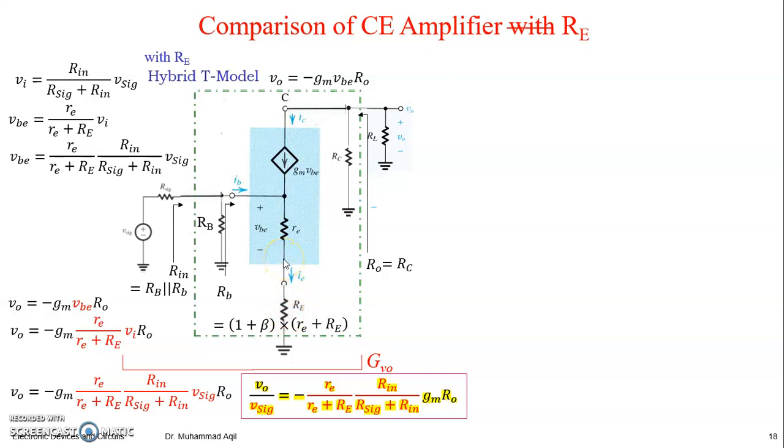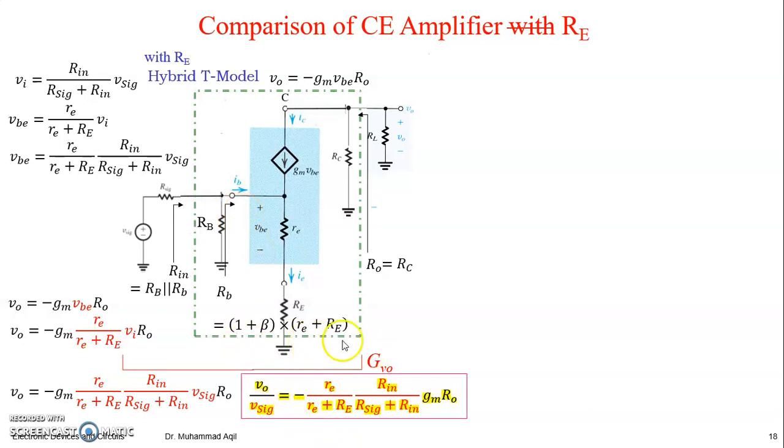It is seen at the input, looking at the base, in series with Re, and although it is at the emitter, it is seen at the base as (1 + beta) times Re.